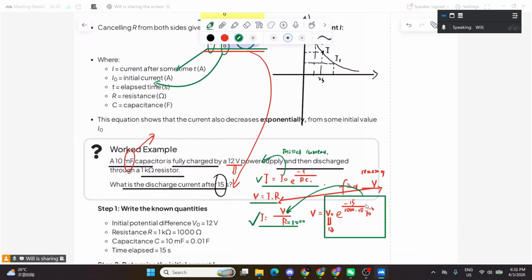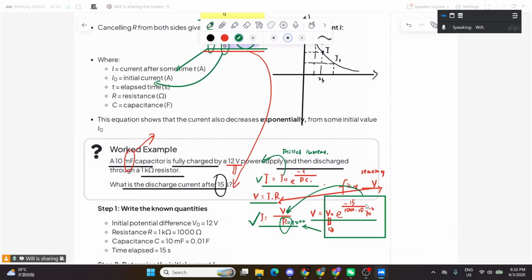And I used another method. First I find the remaining potential, and I know the resistance is 1000 ohms. Then I put the variables in, so finally I get the current after 15 seconds.